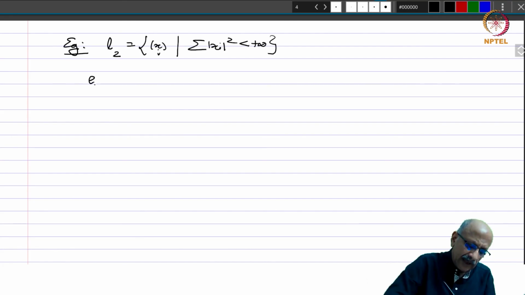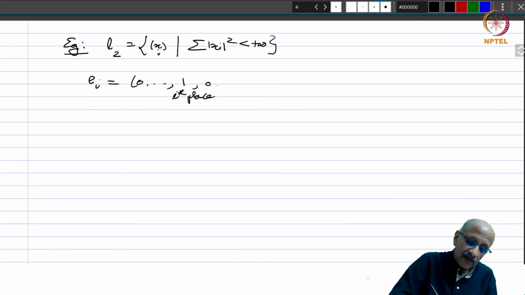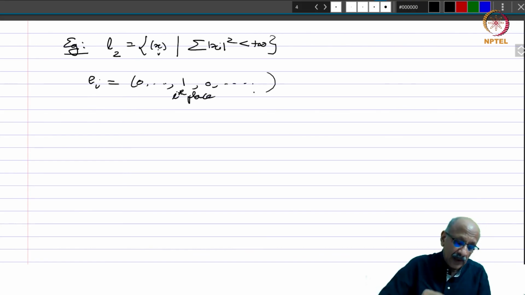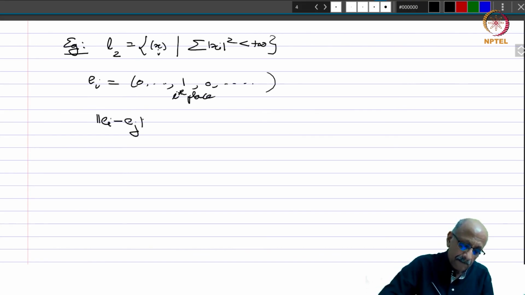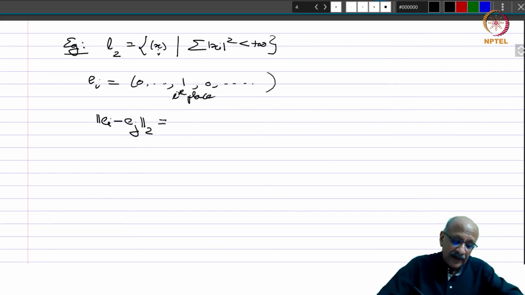Let me take ei to be the sequence which is 1 in the ith place and 0 everywhere else. Then what is the norm of ei minus ej in l2? You will get 1 in the ith place and minus 1 in the jth place, and therefore this will be nothing but square root of 2.